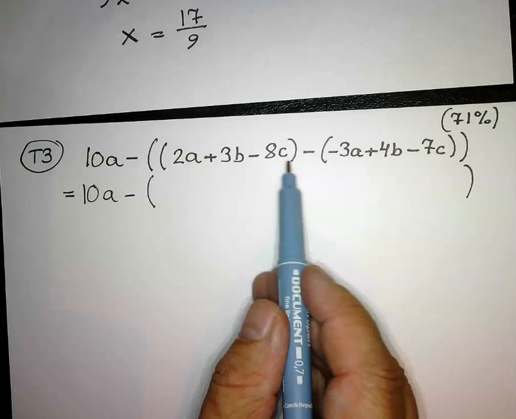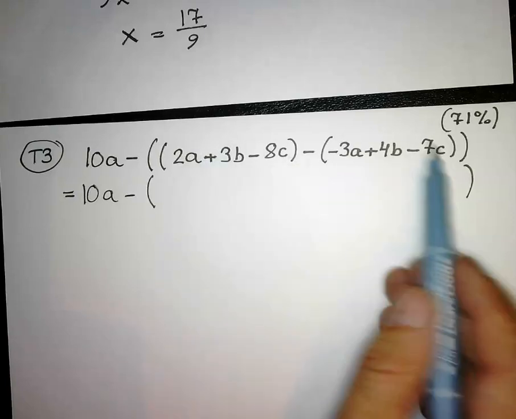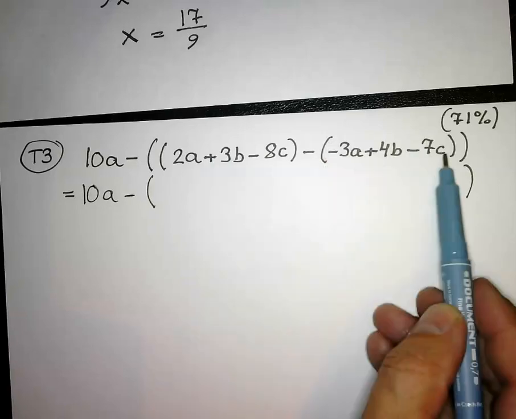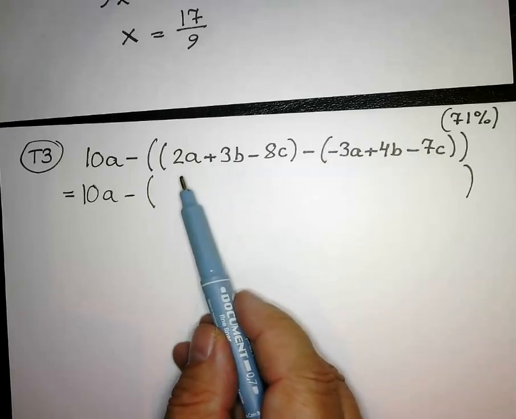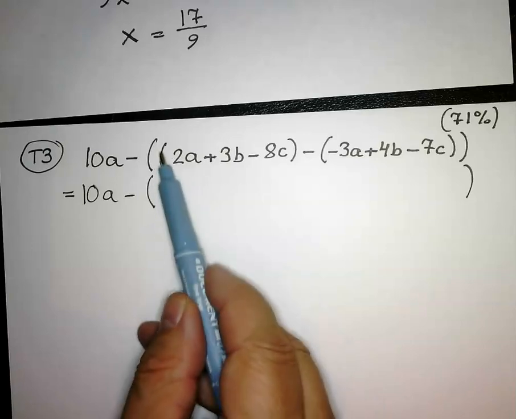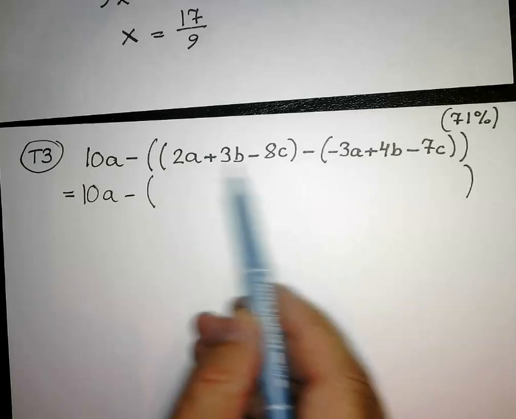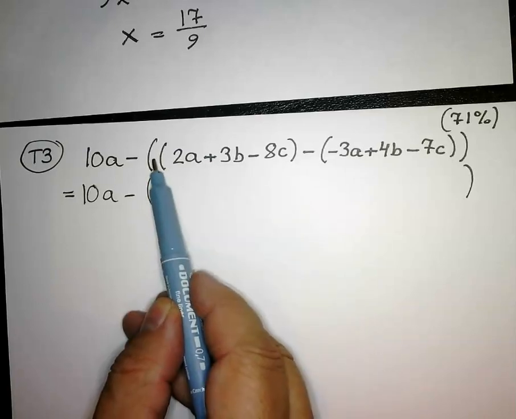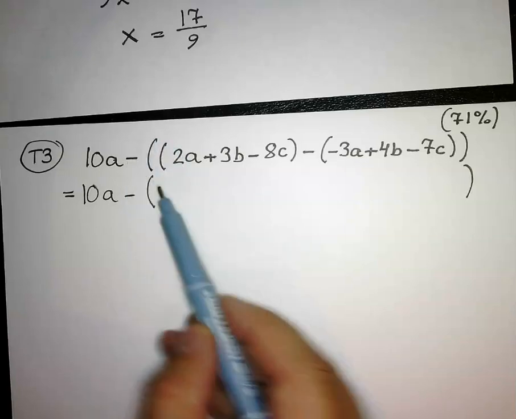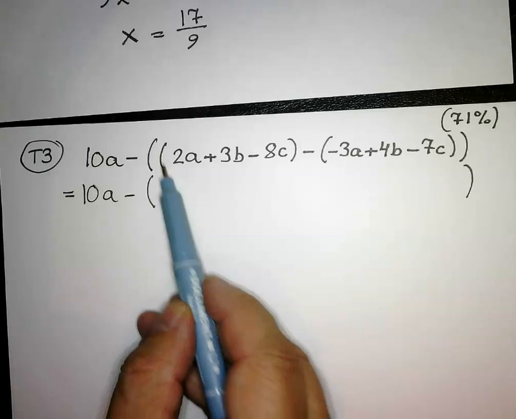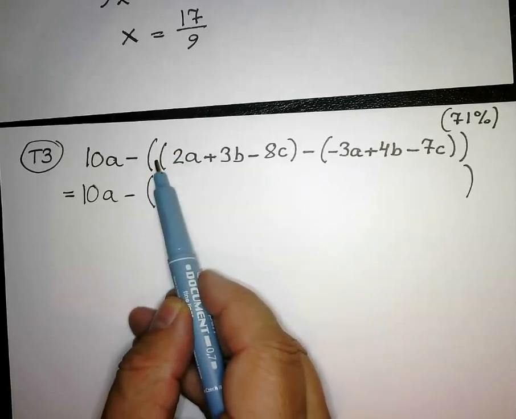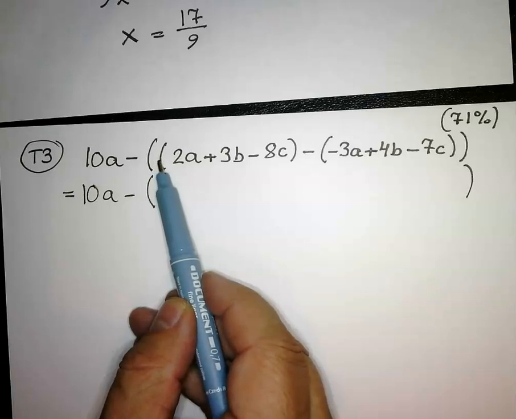There is one difference between those 2 parentheses. In front of this first parenthesis there are no signs. This minus sign is for the outer parentheses, but in front of this first parenthesis here there are no signs. That means that the sign is plus.